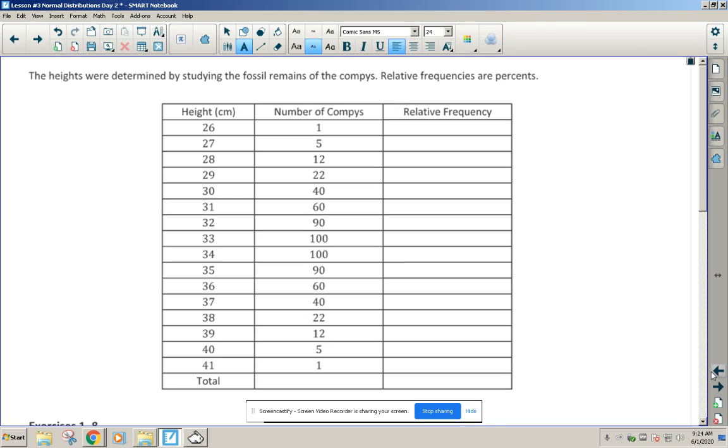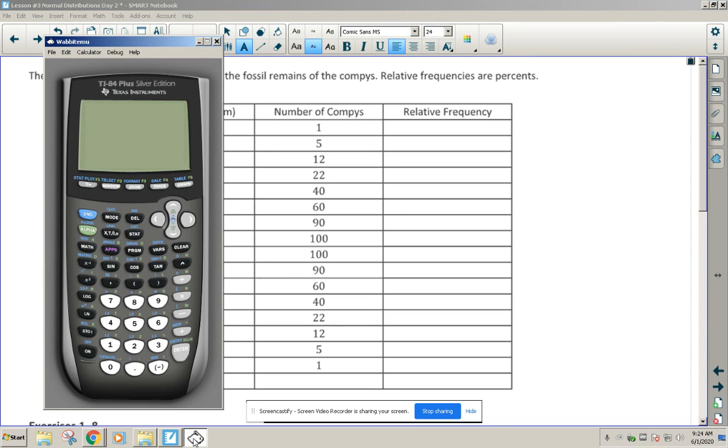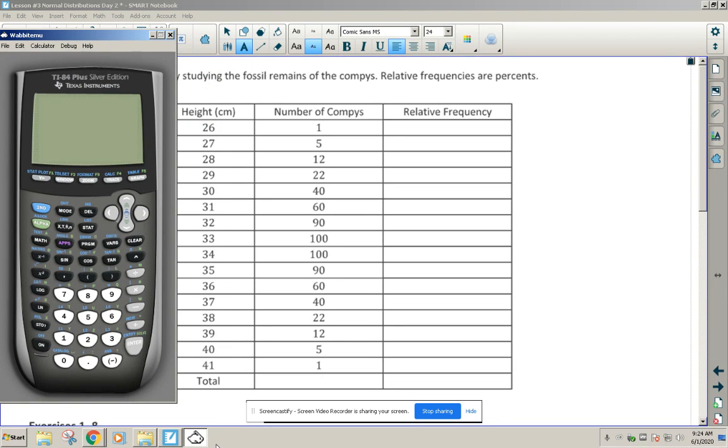So here we have this table, and they want us to find the relative frequencies or the percents. Well, before you do that, the first thing I would do with this is I would go into my calculator, I would do second memory 4, I would clear my lists. List 1, I would be putting in the heights, and then list 2, I would be putting in the frequencies.